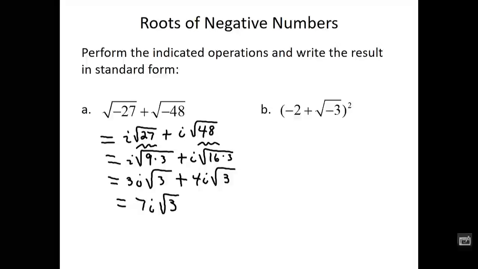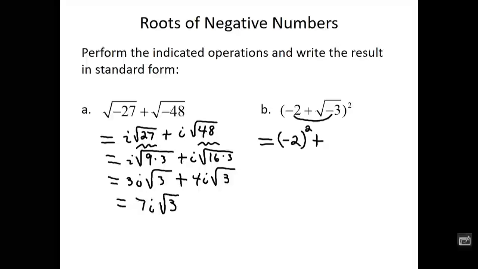In the next example, we want to square negative 2 plus the square root of negative 3. We're going to square this. You can either use the FOIL method, or you may recall how we expand a binomial. So if we square the first term, negative 2 squared, plus, we're going to multiply negative 2 times the square root of negative 3.